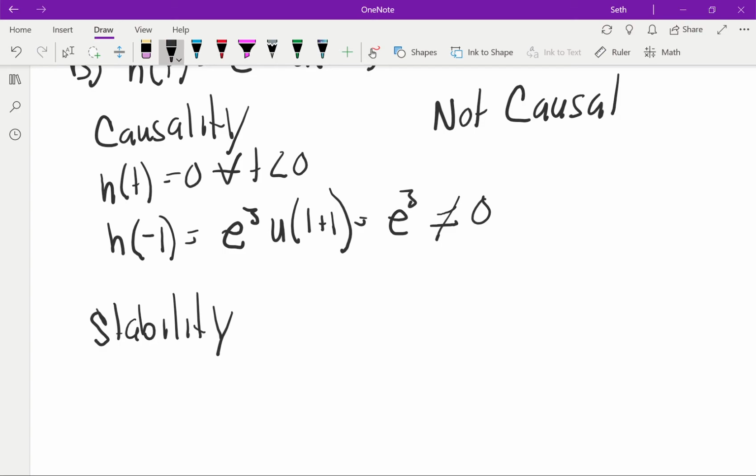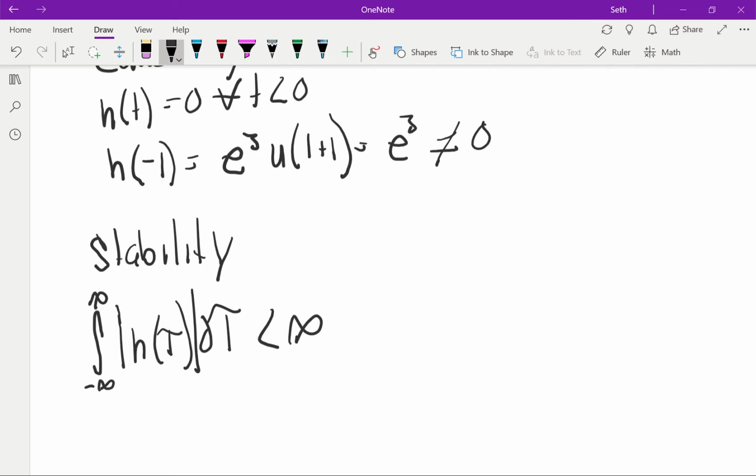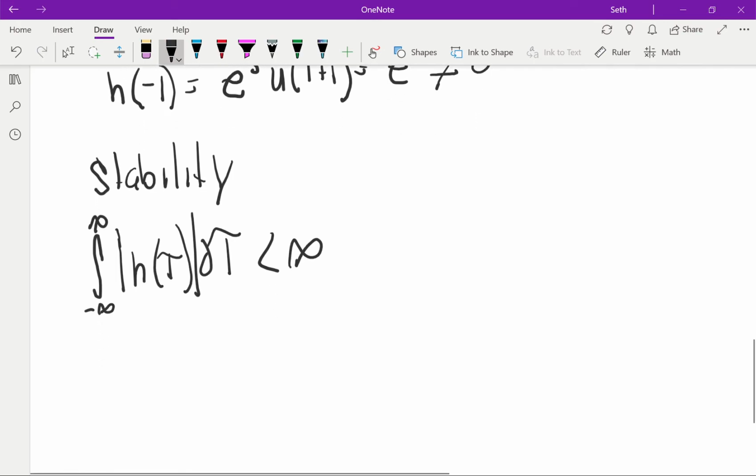That condition had us taking the integral from minus infinity to infinity of the magnitude of h of tau d tau, and if it's stable, this integral must be less than infinity. You could also say it has to converge to some value.